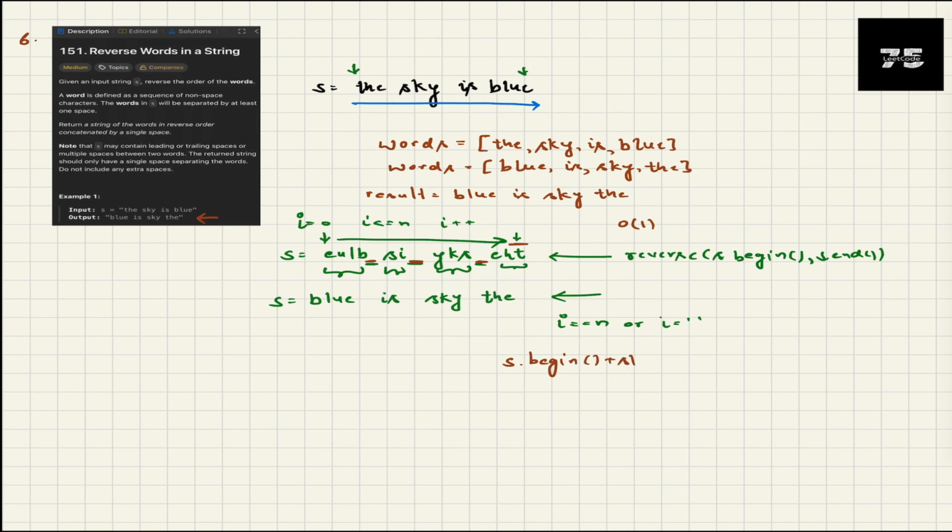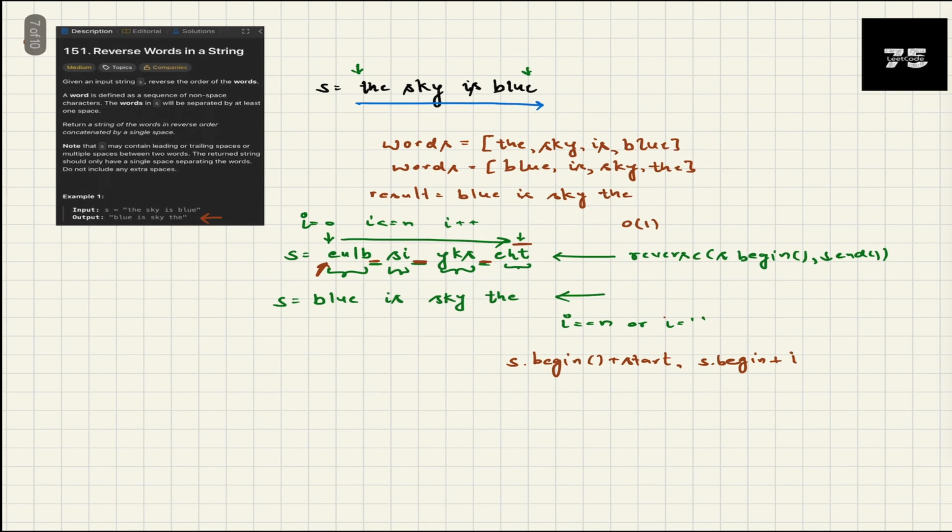In the starting, I'll keep the value of start as 0. So S dot begin till S dot begin plus i. Let's say my i is 0. It is not equal to n, and it is also not equal to the empty space, so I'm going to increase my i to 1.